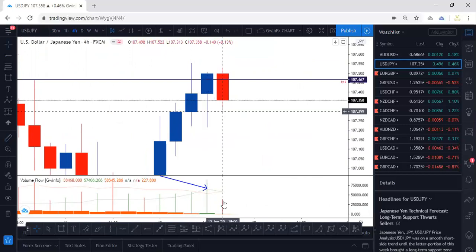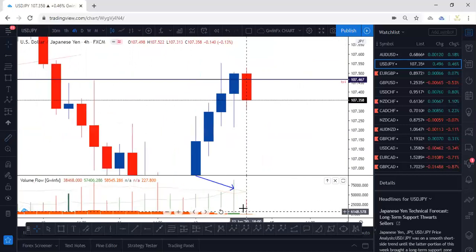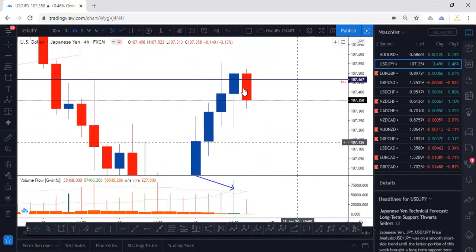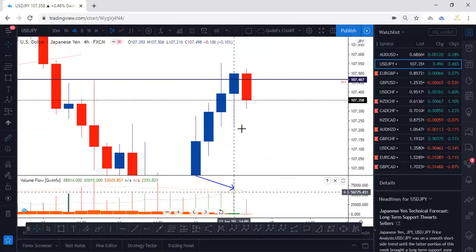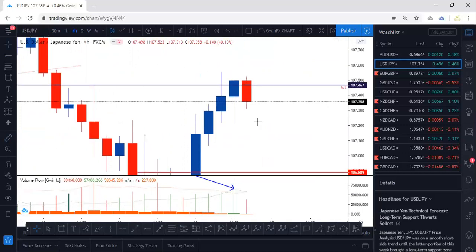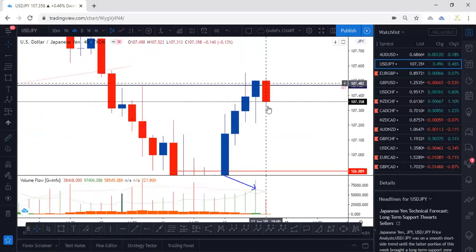So had we found a very massive volume here, a very massive volume here, we wouldn't have got involved in the sell trade. Had we found a very massive volume here after this big volume, we wouldn't have been involved because definitely it would be the market makers getting involved in the trade.